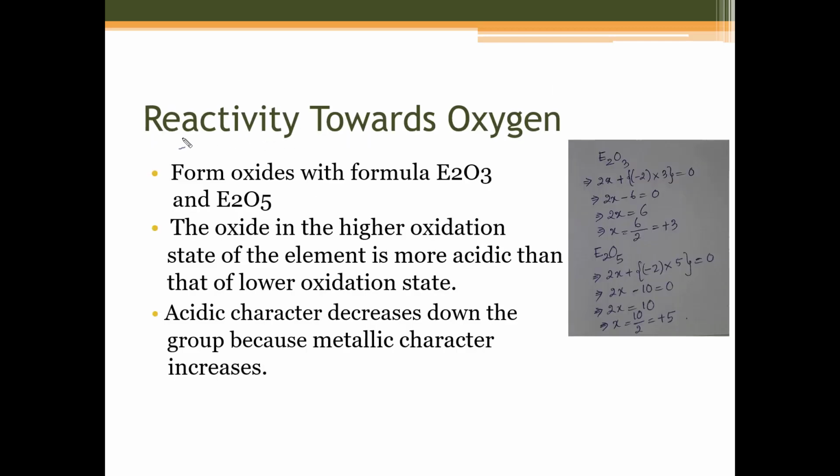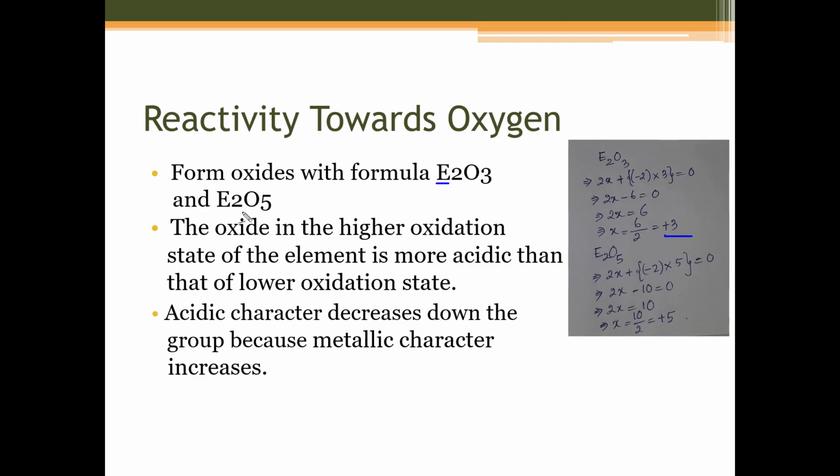Second, we have reactivity towards oxygen. All the elements of group 15 react with oxygen to form oxides with formula E2O3 and E2O5. The oxide in the higher oxidation state of the element is more acidic than that of the lower oxidation state. That means if we calculate the oxidation state of the central atom E for the first oxide, it is +3.